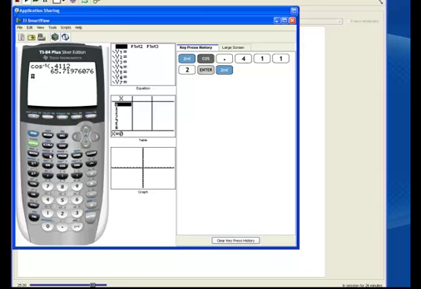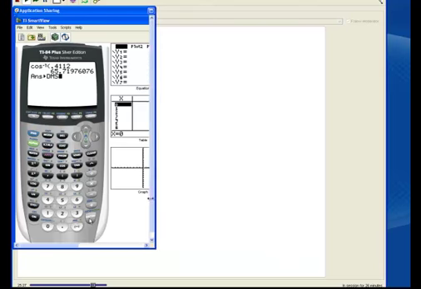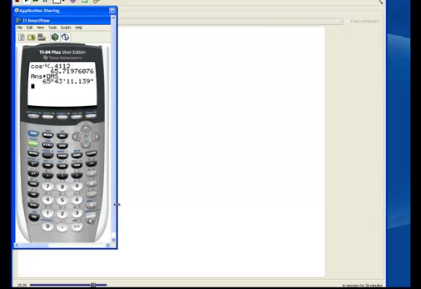So I go to second angle, and I use the DMS here, which means degrees, minutes, seconds conversion. And there we go, 65 degrees and 43 minutes. Of course, it's impossible for me to estimate the minutes here. I'm lucky if I get it within 5 degrees.